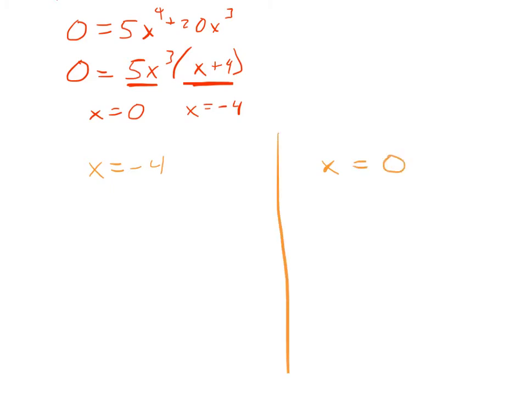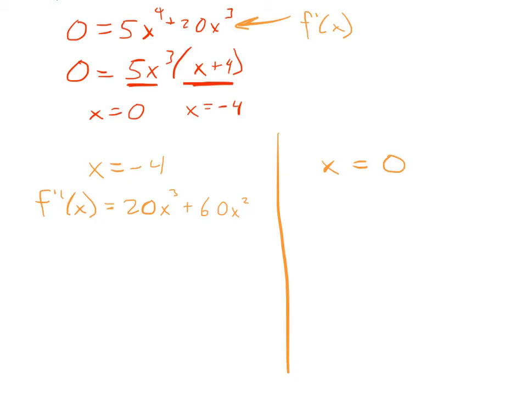And the way I test that out is by plugging into the second derivative. So we should write down the second derivative. This right here was the first derivative, so I'll just take the derivative of that. This is 20x cubed plus 60x squared.